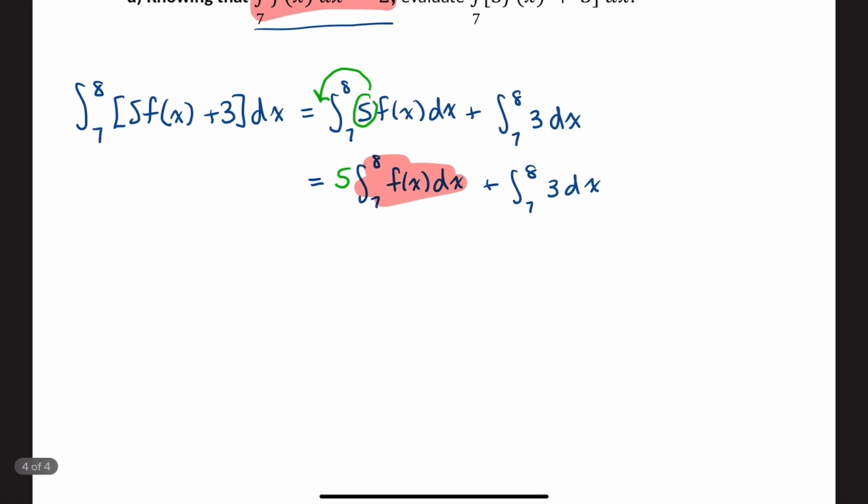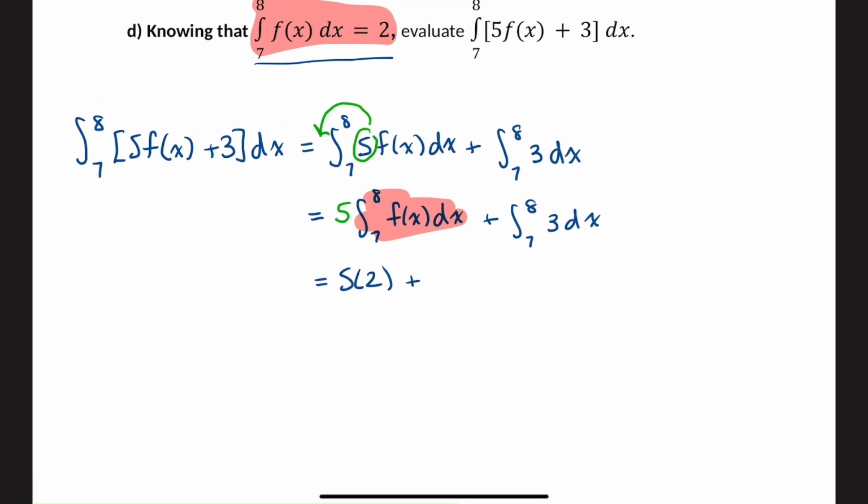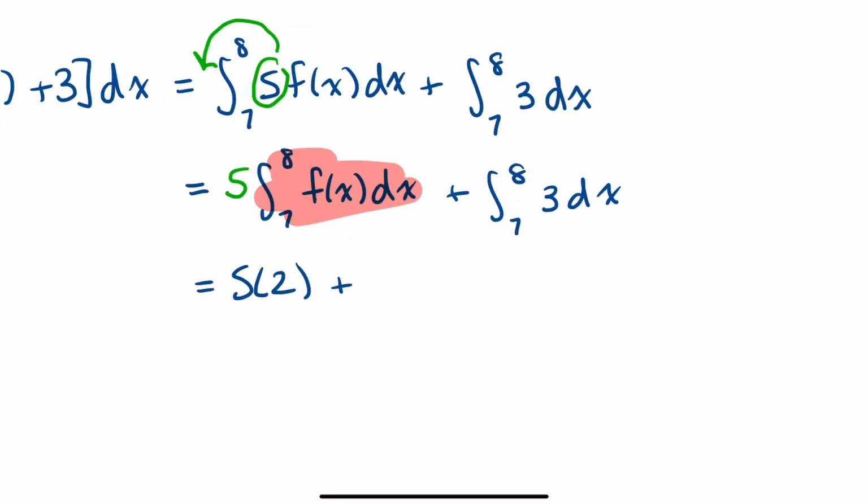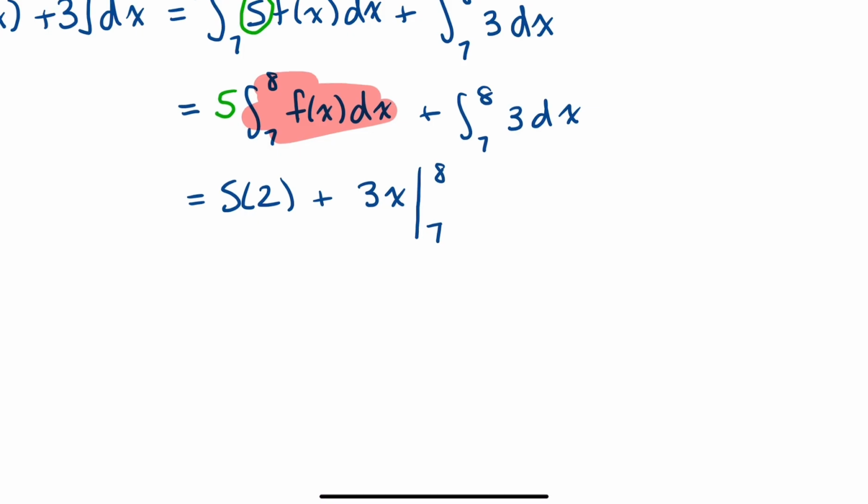So all you have to do is multiply 5 by 2, and then you just evaluate this integral. And remember, whenever you have an integral of a constant, you just add the variable at the end. And if you don't believe me, just take the derivative of this, and you're going to get the exact same thing that is here. And we're going to evaluate this piece only when x is equal to 8 and when x is equal to 7.